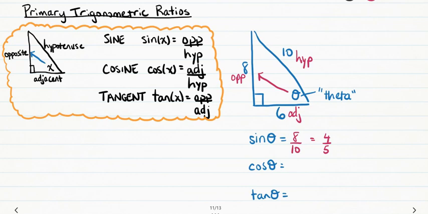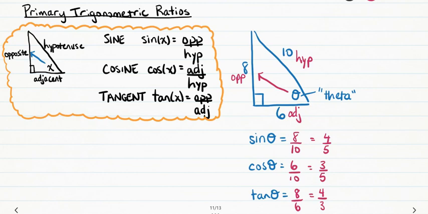So in this case, the adjacent is 6 units, and the hypotenuse is 10 units. And again, we can simplify, and here we get 3 over 5, or 0.6. The tangent ratio is defined as the opposite divided by the adjacent. And in this case, the opposite is 8, and the adjacent is 6. So the tangent ratio will be 8 over 6, which simplifies to 4 over 3.